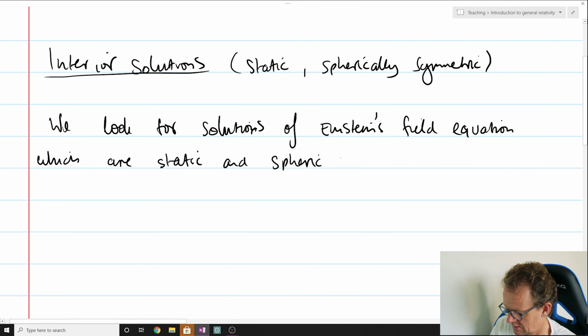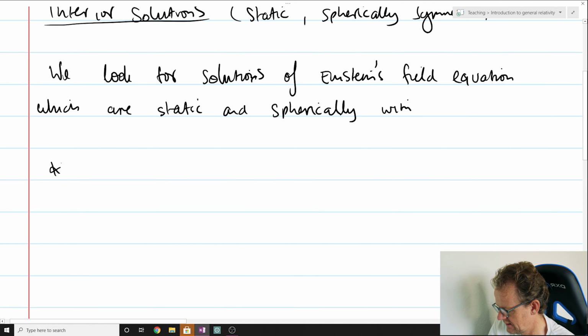So we're going to look for spherically symmetric and static solutions of Einstein's field equations where the stress energy tensor takes the following form.